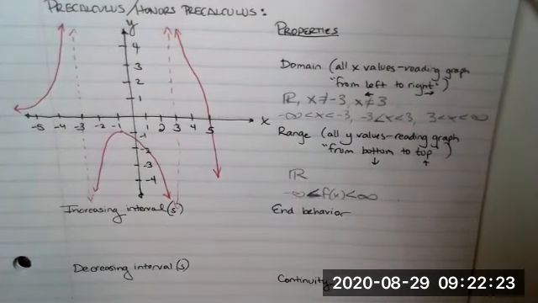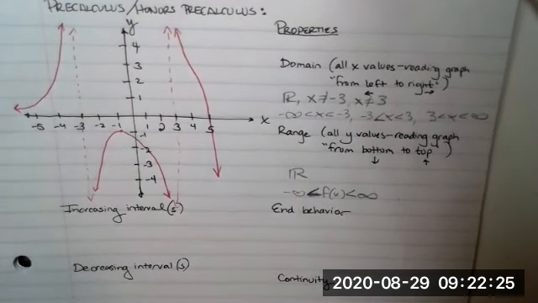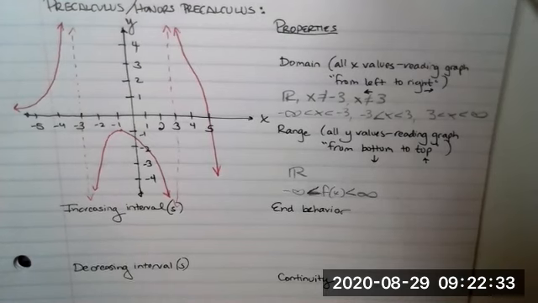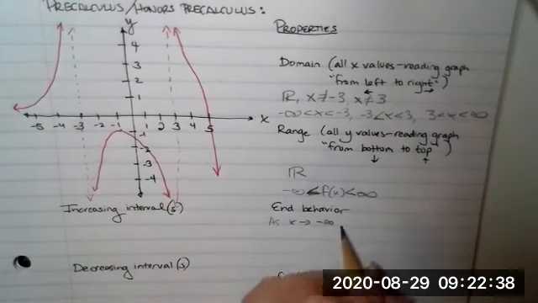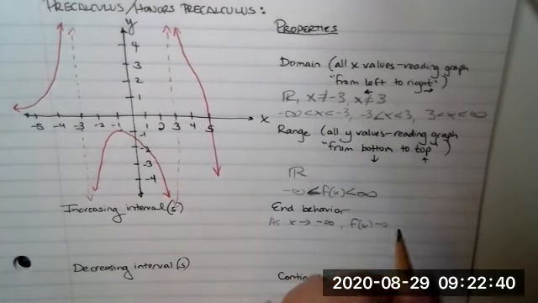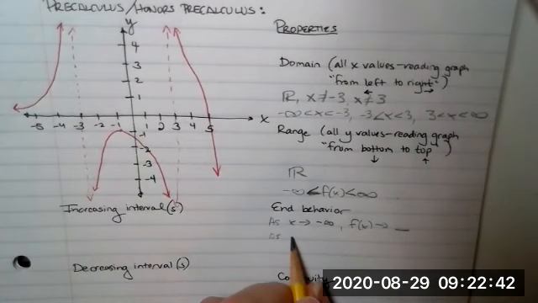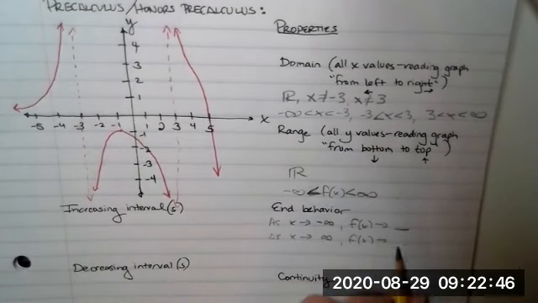Okay. End behaviors are what is happening as your x values get very, very big and very, very small. So what we're going to say is, as x approaches -infinity, f of x approaches something, and as x approaches +infinity, f of x approaches something.